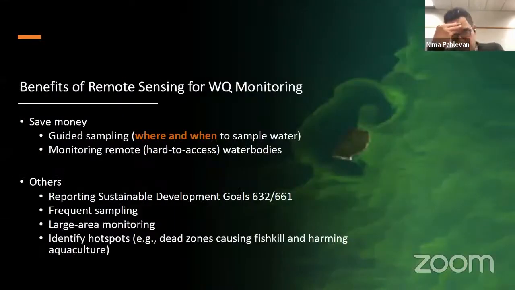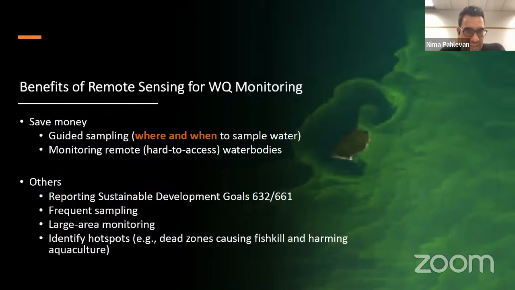Okay, so just briefly, I want to highlight the benefits and challenges of remote sensing of water quality. It could save you money. It could allow you to do guided sampling, where and when to sample water. You can monitor hard to access water bodies. Those things are obvious.